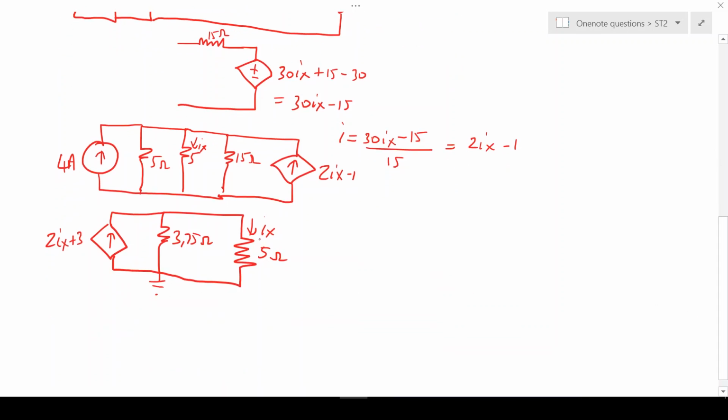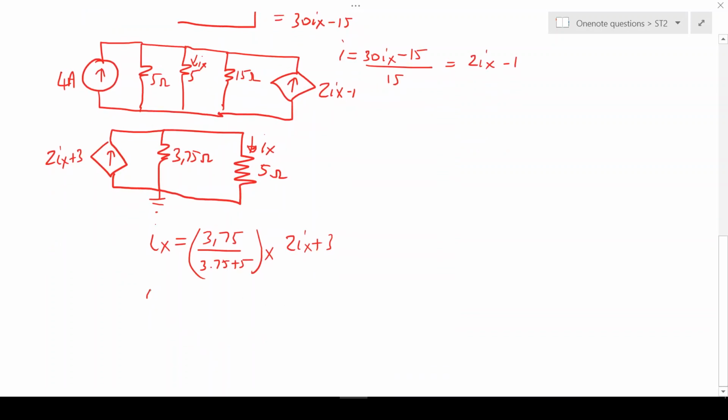Right, now I need to determine the value of Ix. I should be able to use current division for that. So I can say Ix is going to give me 3,75 over 3,75 plus 5, all multiplied by the source, which is going to be 2Ix plus 3.